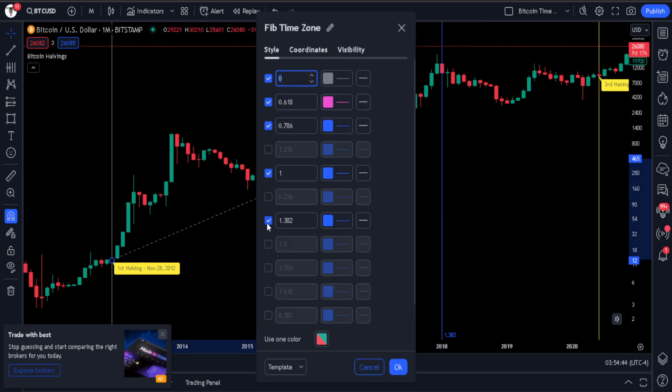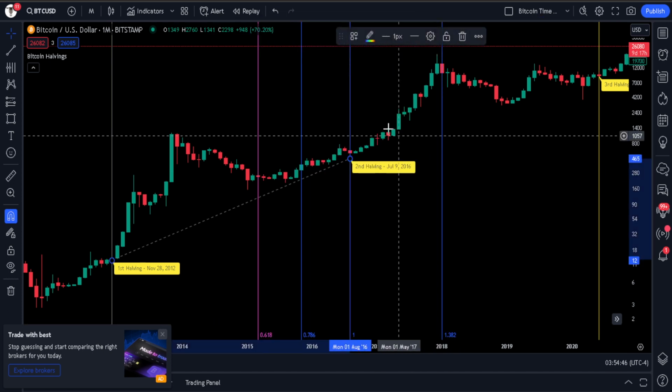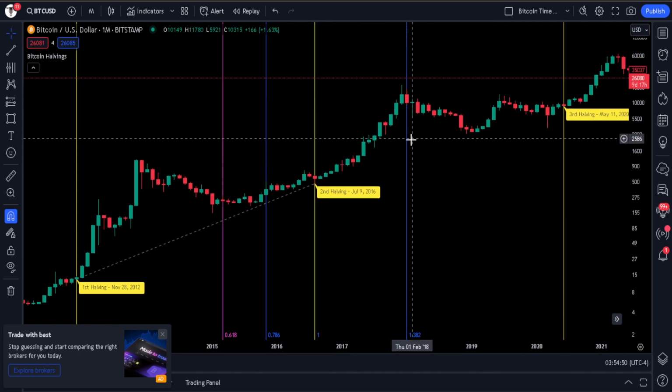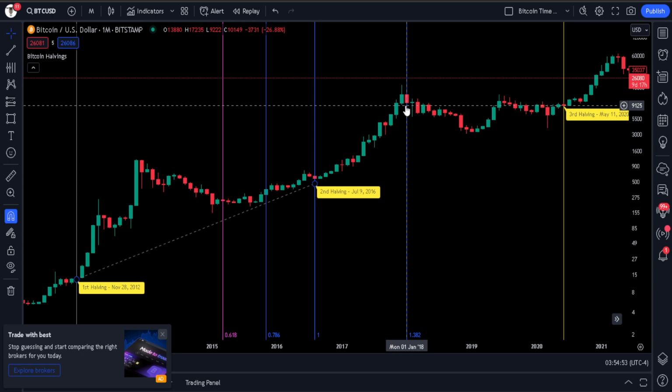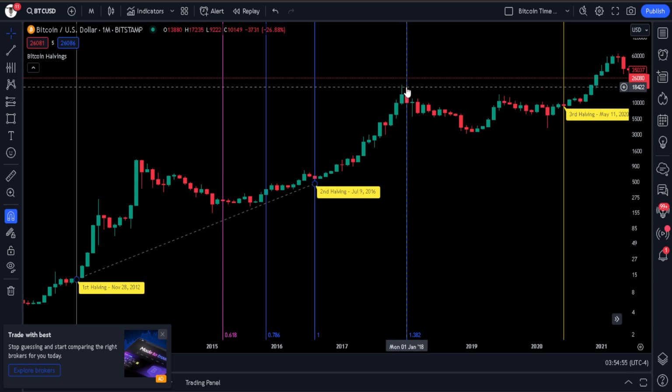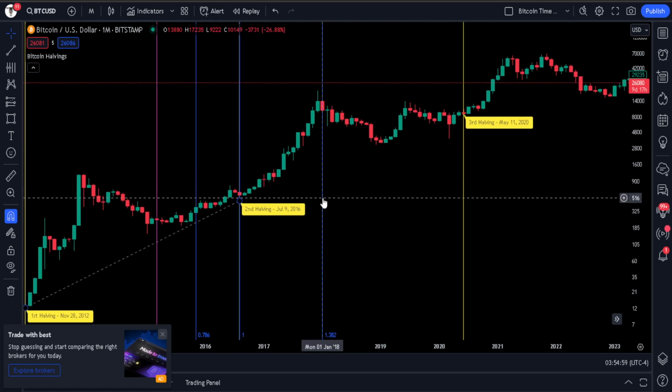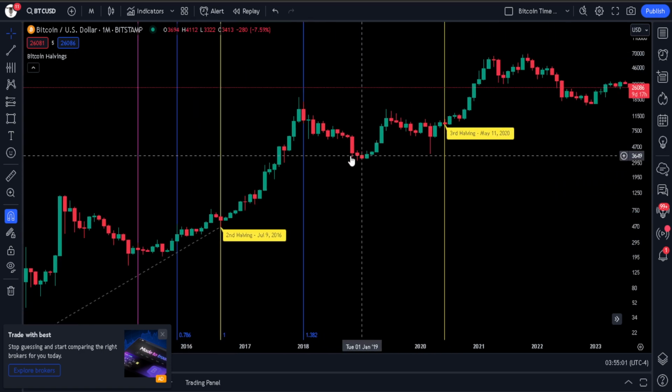I'll just show you the 1.382. That is just to show us where the tops would be. And the top prints 1 month before the 1.382 extension. Now I'll just remove this, or we can keep it on.